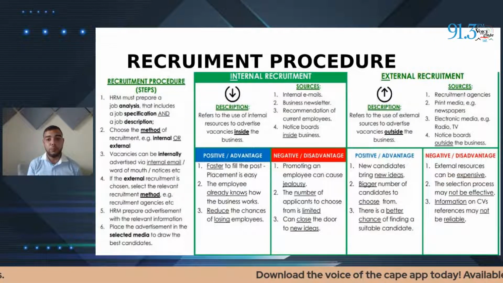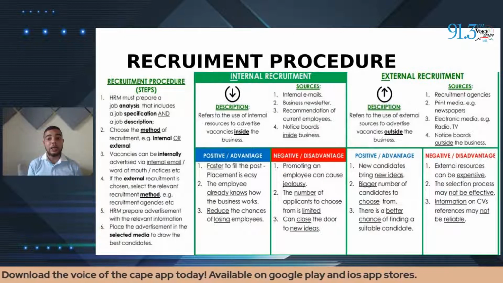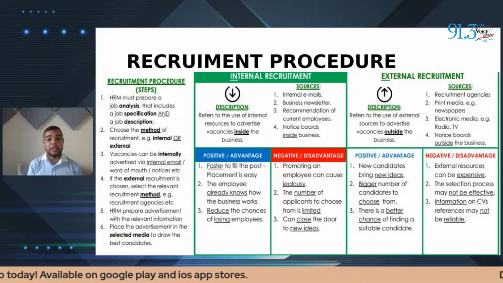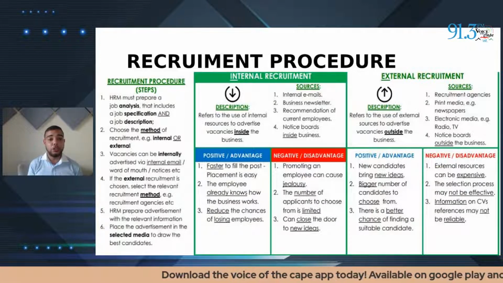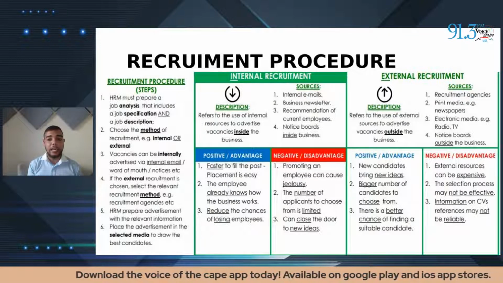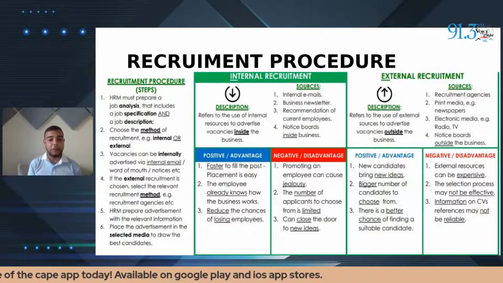External means outside, so this is the use of resources outside of the business to advertise vacancies outside the business. You need to know that it is recruitment agencies, print media, so you will find it in newspapers where everyone can see. Remember, external, outside of the business, so anyone can apply for this position.